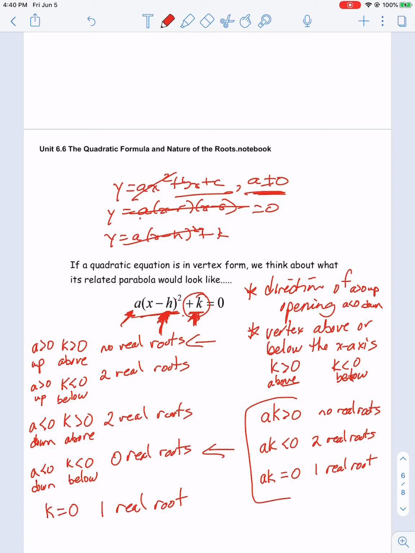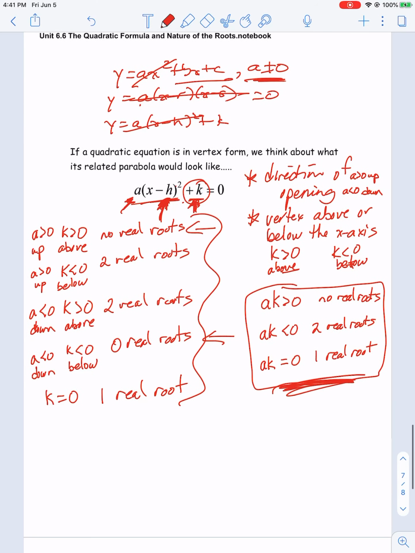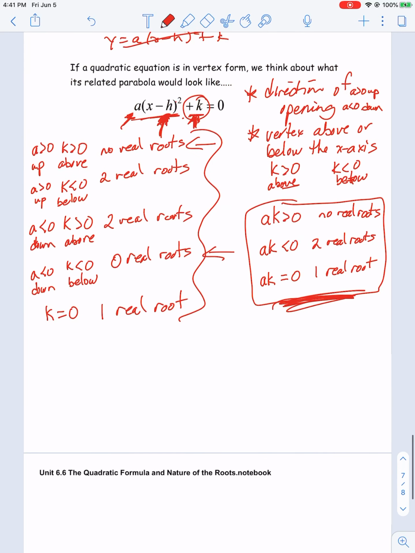To be honest, I would never memorize this part. I would just think about what's going on. In fact, I've never used this over here before. Well, I've talked about it before. But when I'm looking at an equation, so let's say you look at negative 2(x minus 4) squared plus 7. This is opening down, and this is above.